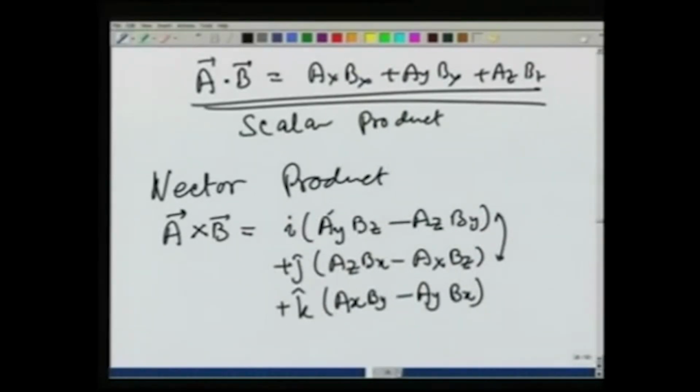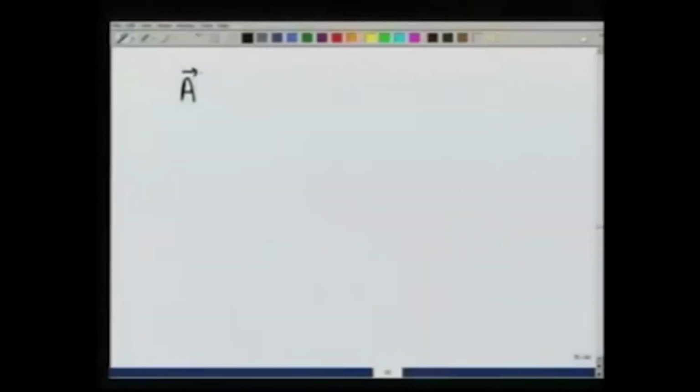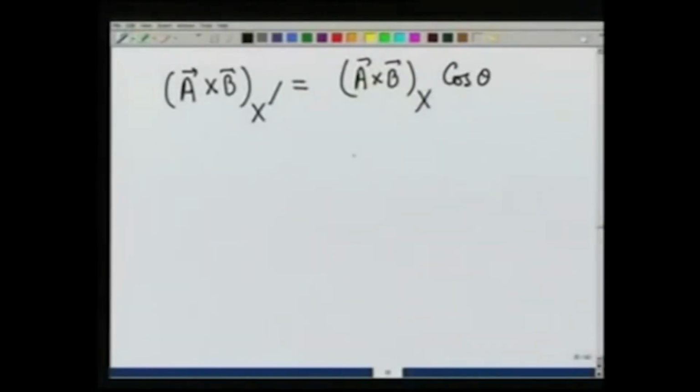And I leave it as an exercise to show that A cross B, if I take its component in the x prime direction, is equal to A cross B x component cosine of theta plus A cross B y component sine of theta.